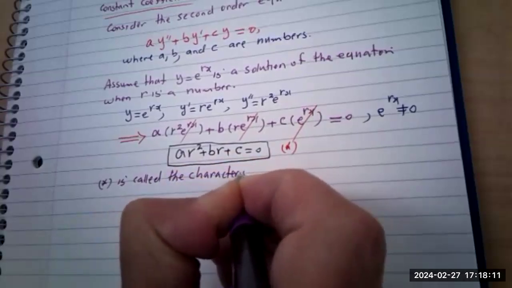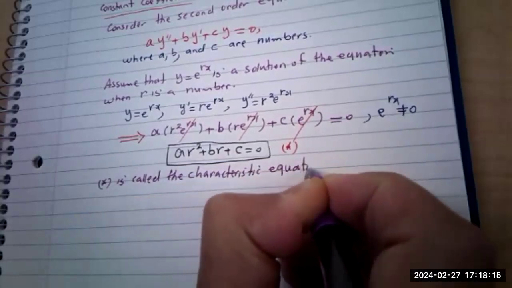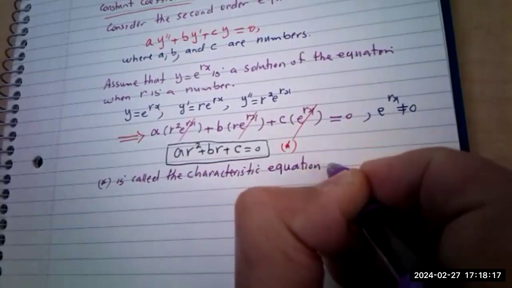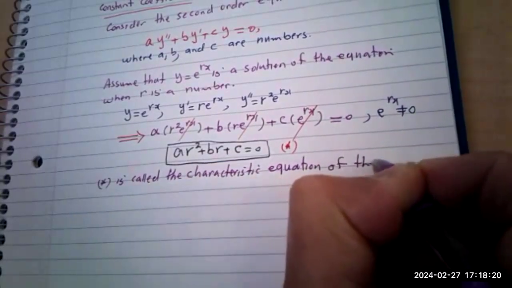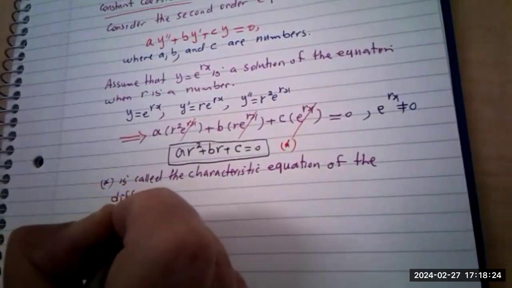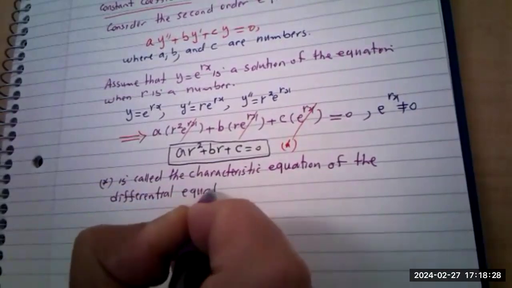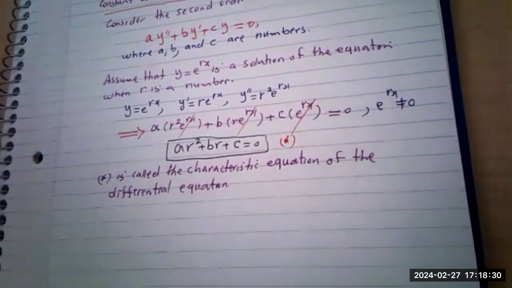Star is called the characteristic equation corresponding to the differential equation. And it's very easy to write.